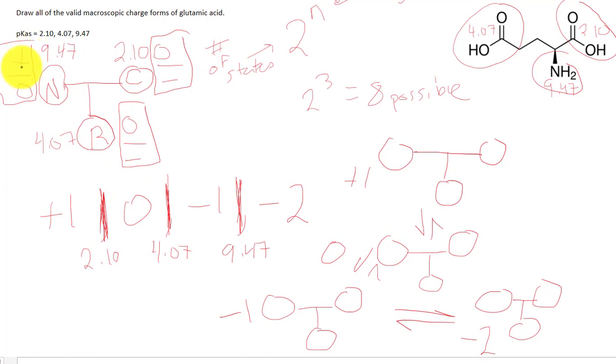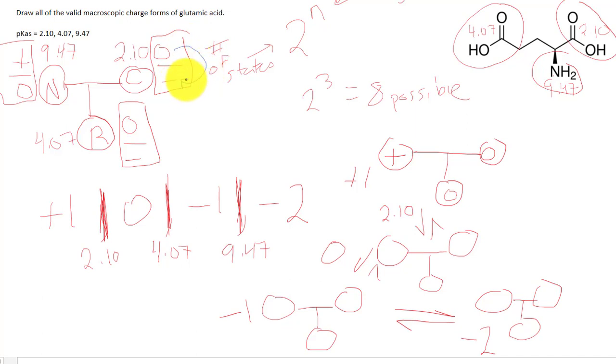So for example, the N in the most protonated state is going to be +1, C is 0, R is 0. And altogether that'll give us a +1. So our +1 form is going to look like this. Now, as we pass our pKa of 2.10, we are going to switch our C-terminus into its other charged state.